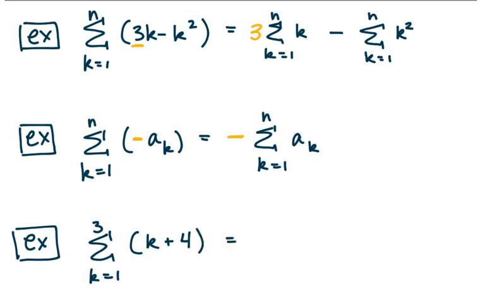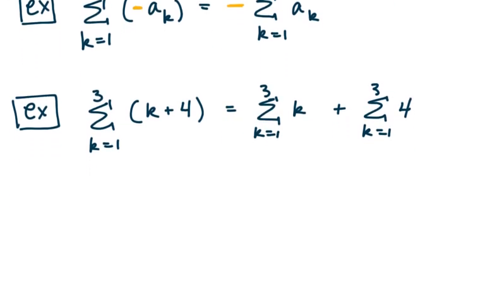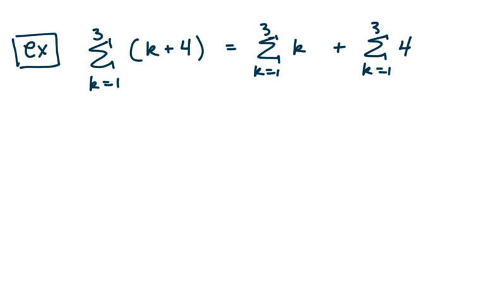So we can actually calculate this since we have a finite value. So this is the same as writing the sum from k equals 1 to 3 of k plus the sum of k equals 1 to 3 of 4. So I used my sum rule here, and I was able to separate this into two sums.